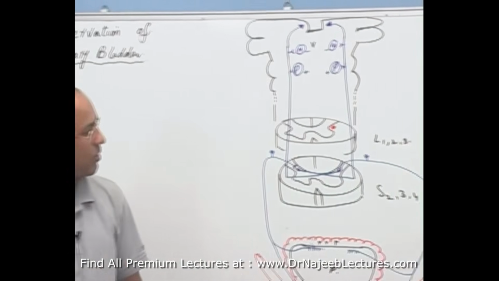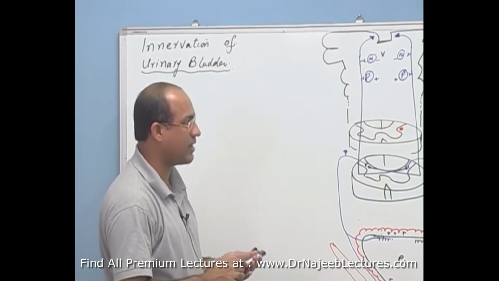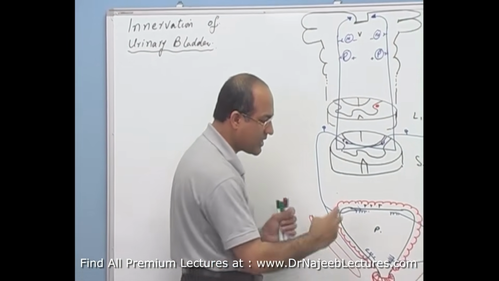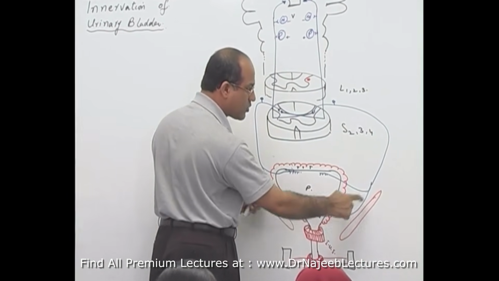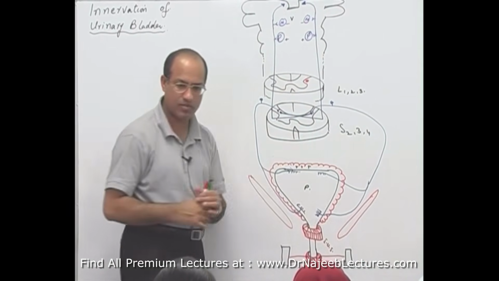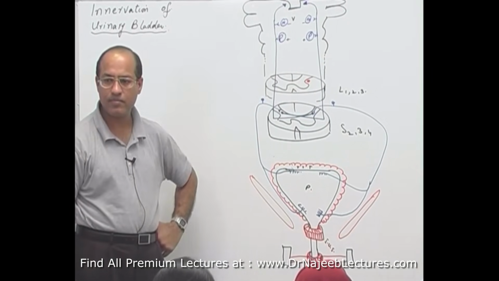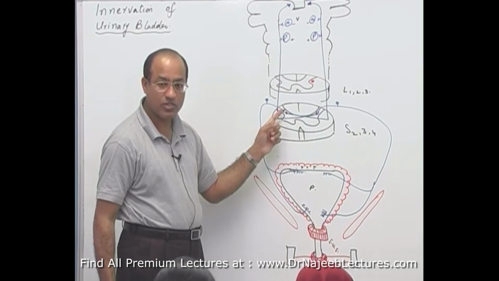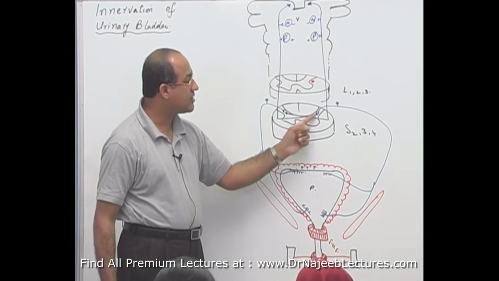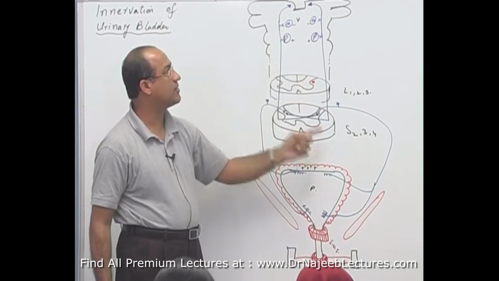Now, as the bladder is being filled, attention please, you are sitting in the lecture. Now listen, traffic of action potentials from the sensory system is going towards the central nervous system in the sacral area. Number one, it will activate sacral reflexes, we will see how. Number two, this sensation is taken upward.